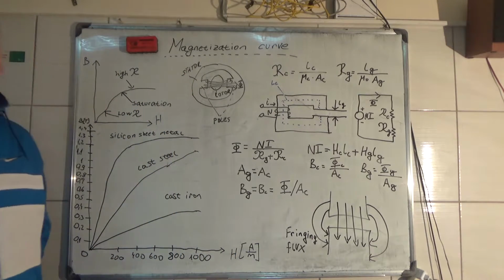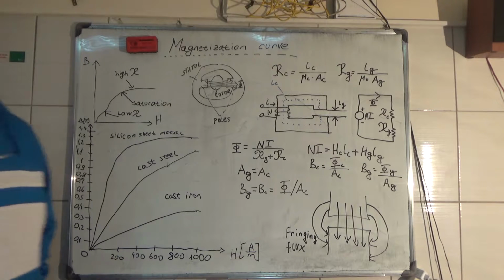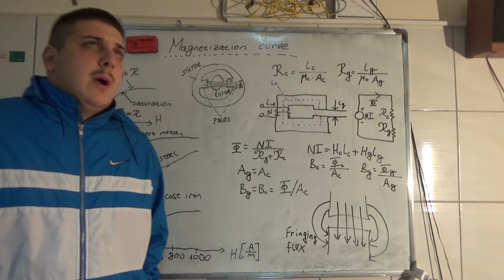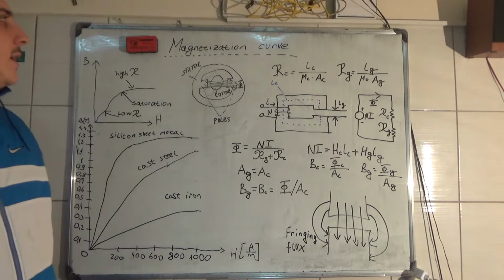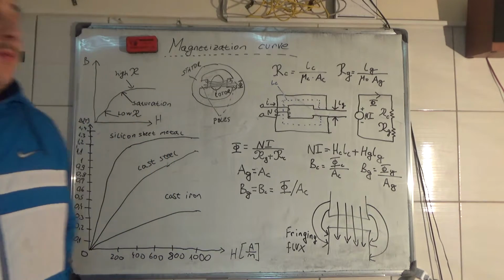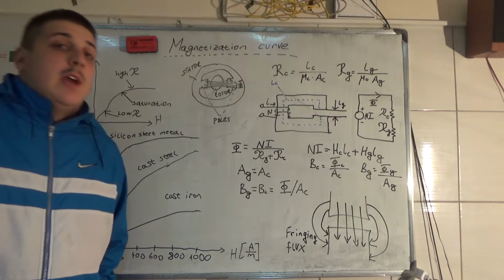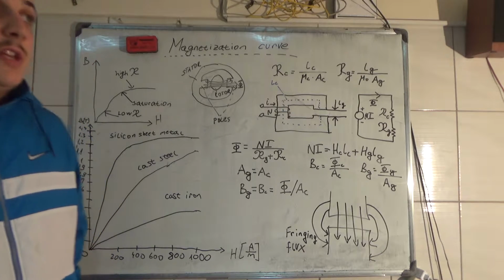Well, now we are going to study the magnetization curve. In my previous video, magnetic circuit 2, magnetic equivalent circuit, you can watch it if you didn't watch it. You saw some formulas, and in the first video the BH relation.